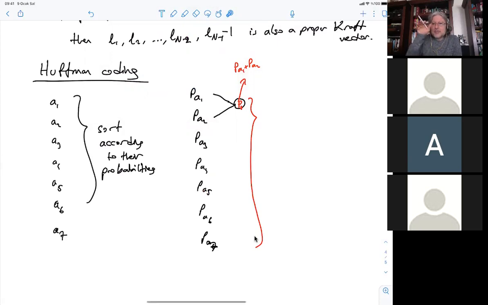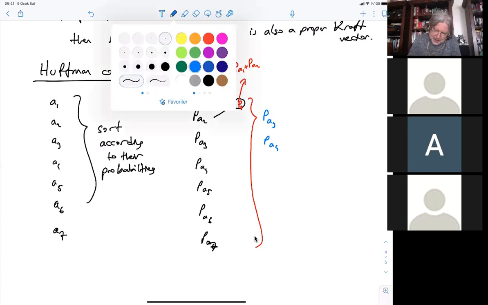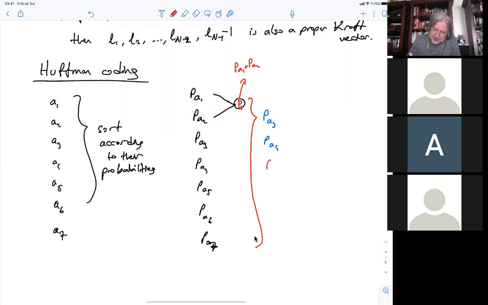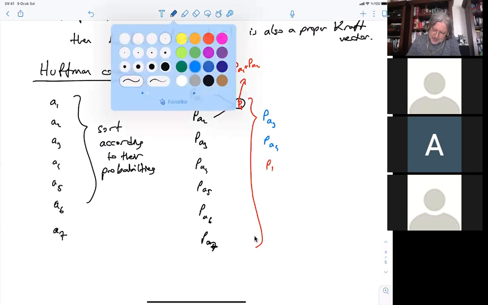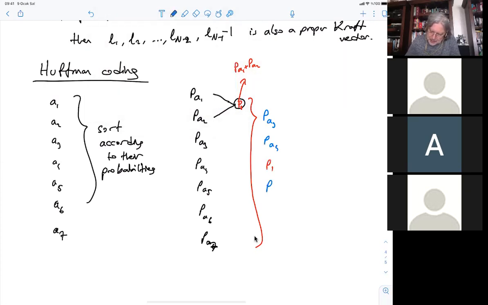Then you have to replace the position of that, and after sorting it will be something like this. Let me not use red, but another color. Let's use blue, for instance. PA3, PA4, and then P1 is here, and then PA5, PA6, and PA7.